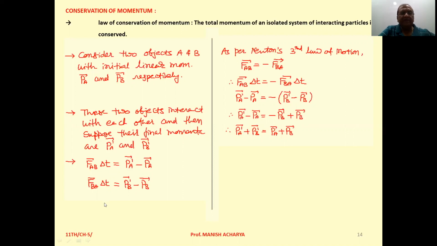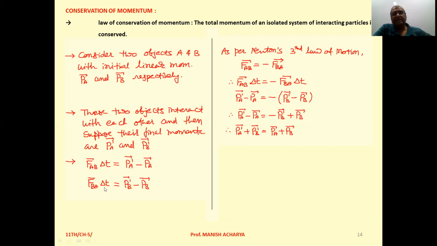Similarly, change in momentum of B, that is final PB dash minus initial PB, but that is also the impulse on B, that is force on B by A into time interval.